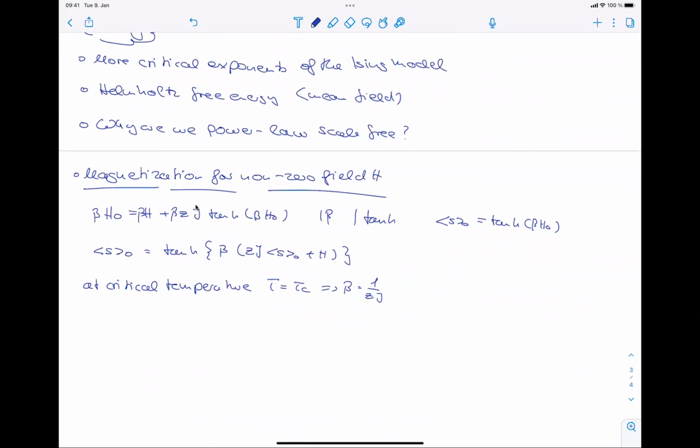So that simplifies my above equations, these two terms cancel, so that I have just S, and I can also write beta times h as h over Zj.